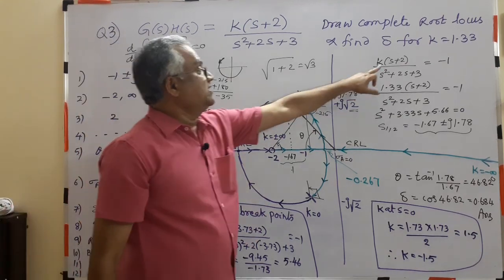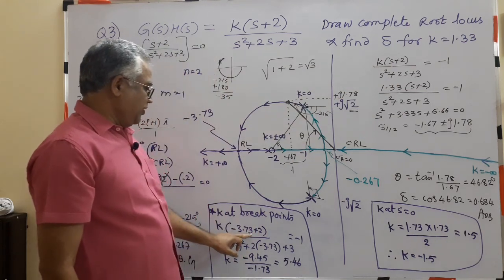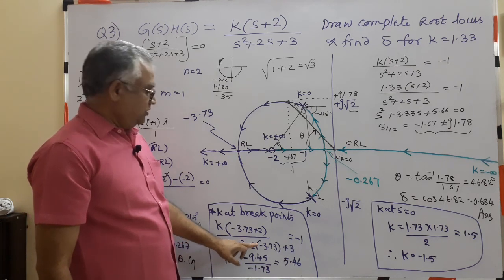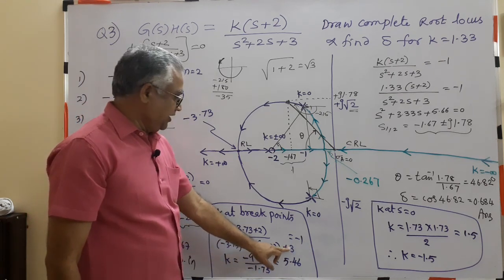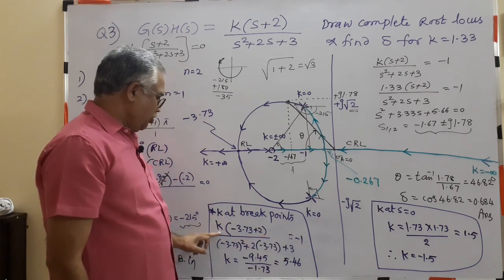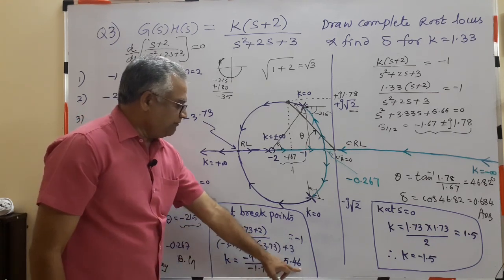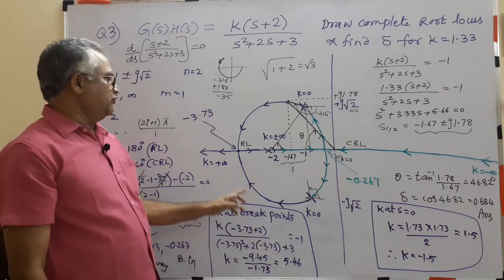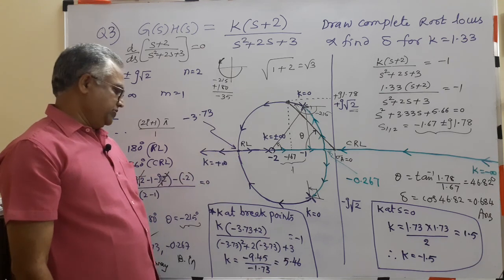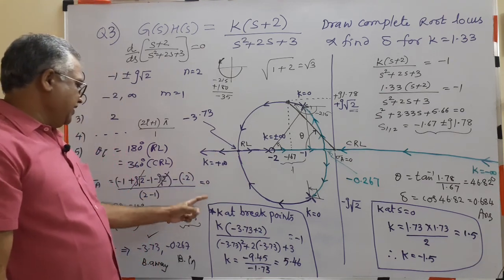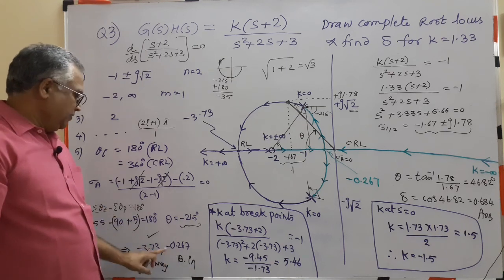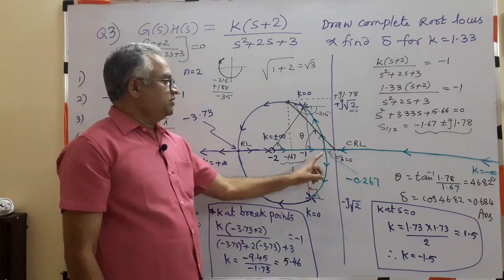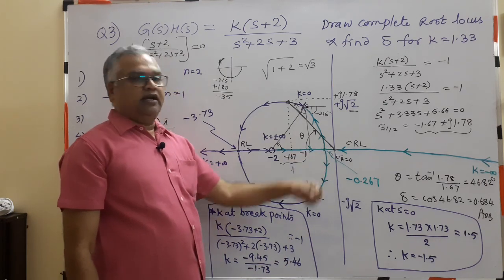So replace s with minus 3.73 in s plus 2 by s square plus 2s plus 3 equal to minus 1. Solve for k. You are getting 5.46. So definitely it is plus 5.46 because it is on root locus. If they are asking k at break-in, replace s with this, solve for k, definitely you will get negative because this break-in is on CRL.